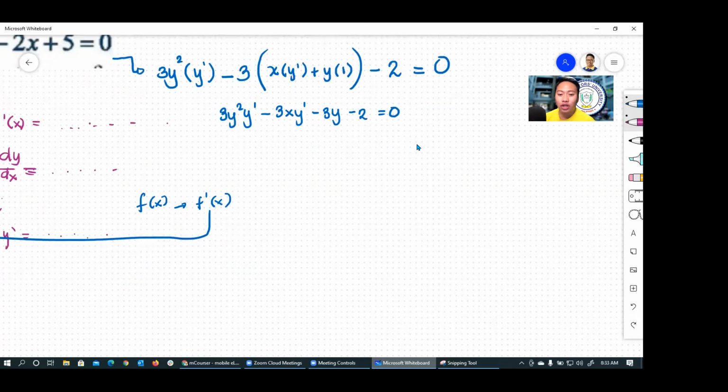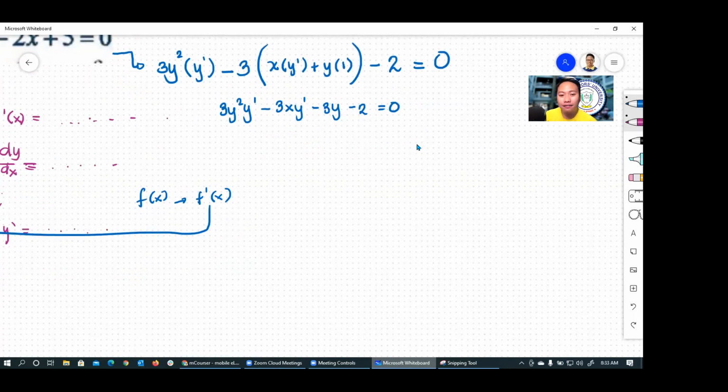So I'm going to transfer negative 3y and negative 2. We would have y squared y prime minus 3x y prime equals 3y plus 2. Can you still follow? Why did it become positive? Because they are both negative on the left side, so when we transfer them to the right side, they become positive.